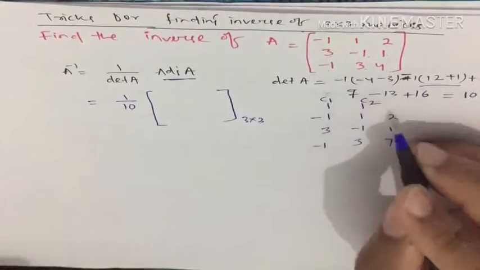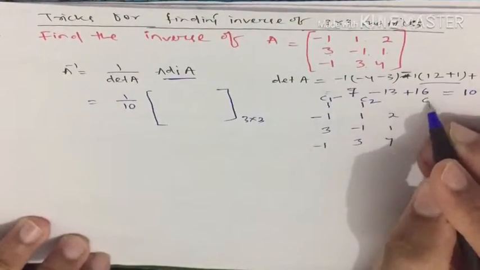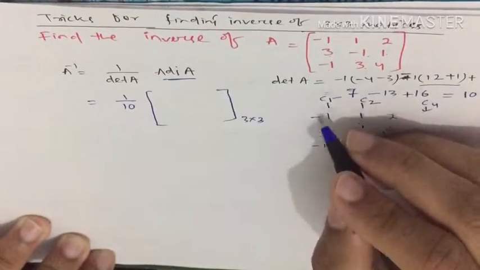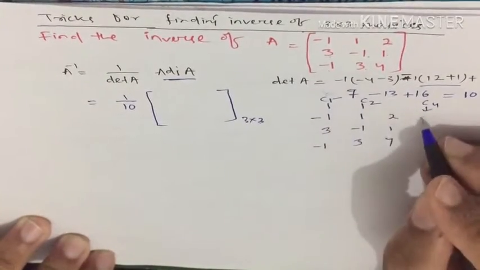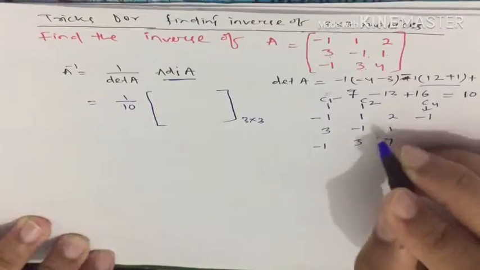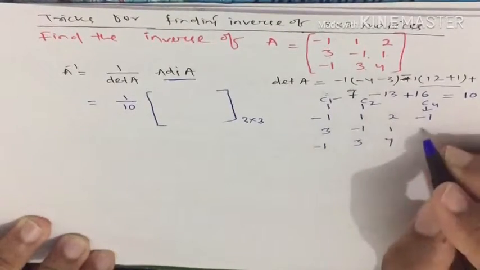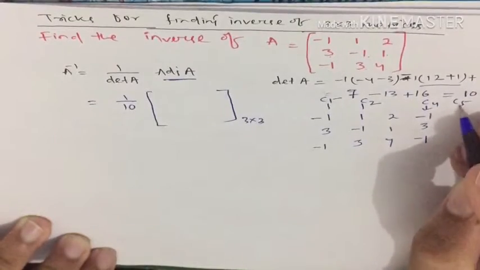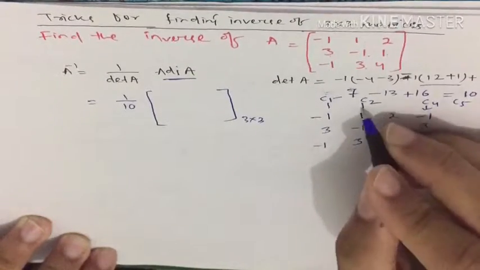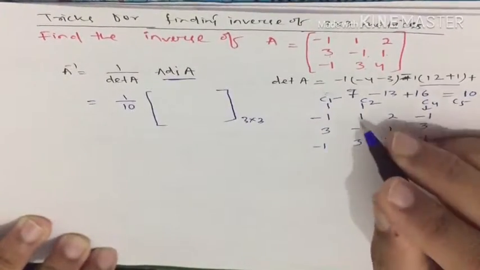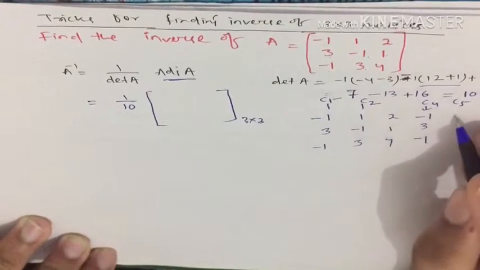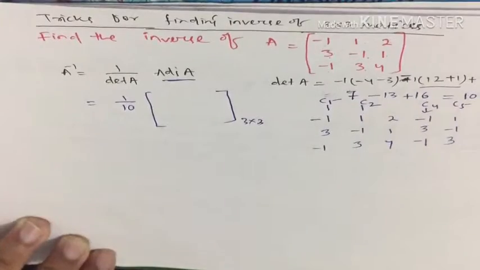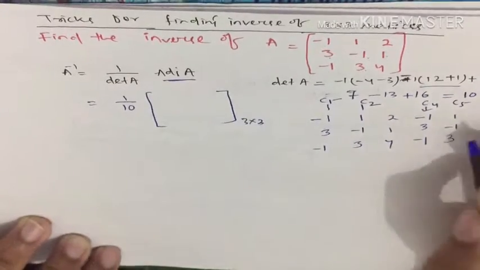I am going to repeat C1 as C4. If I am writing C4, just by writing the entries of C1, what will I write? This is minus 1, 3, minus 1 simply, and I am writing another column C5 by writing all the entries of C2. So if I write all the entries of C2, I will get 1, minus 1, 3. Just see carefully.